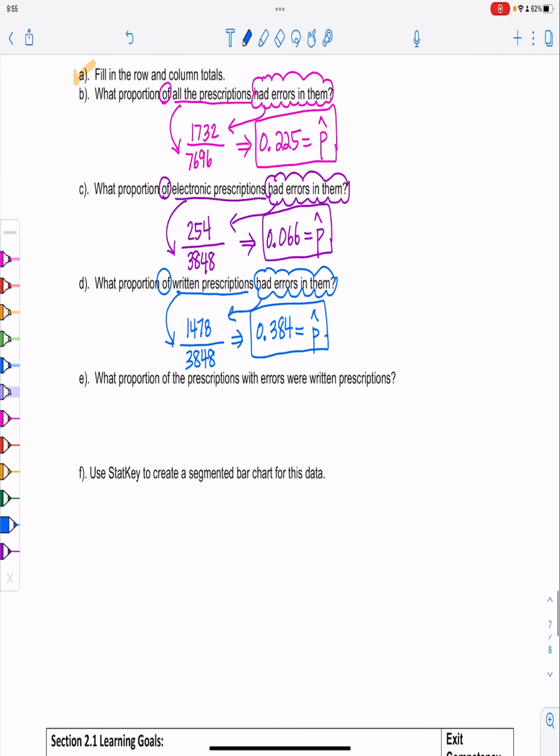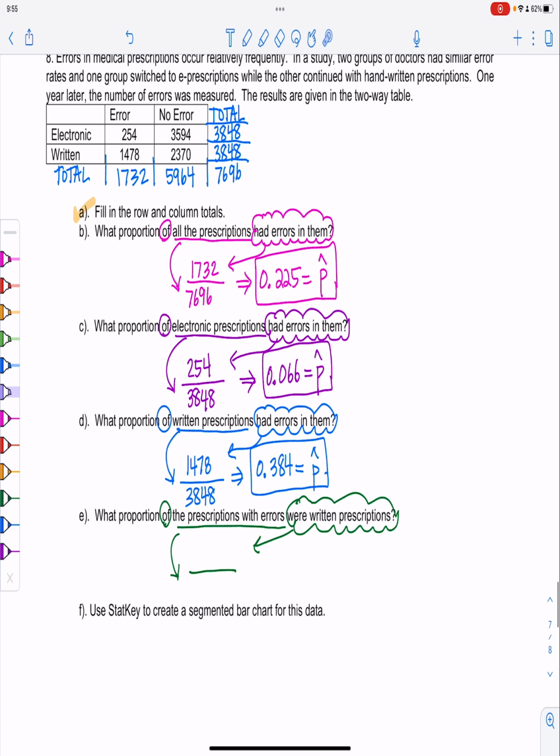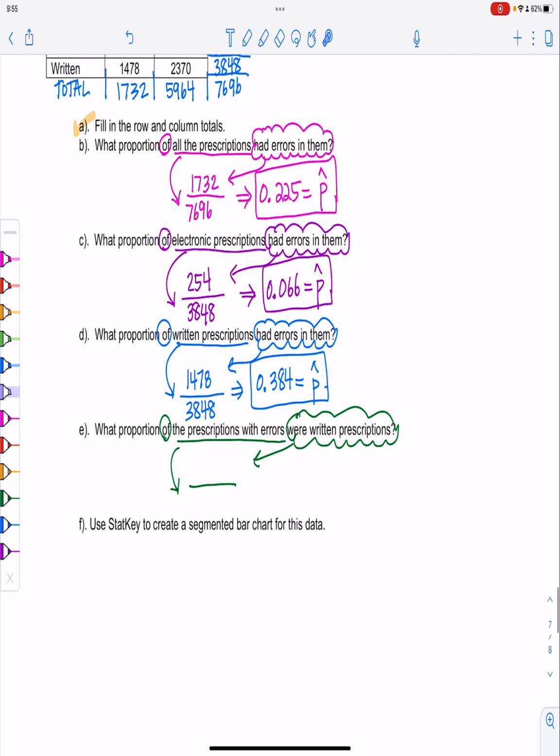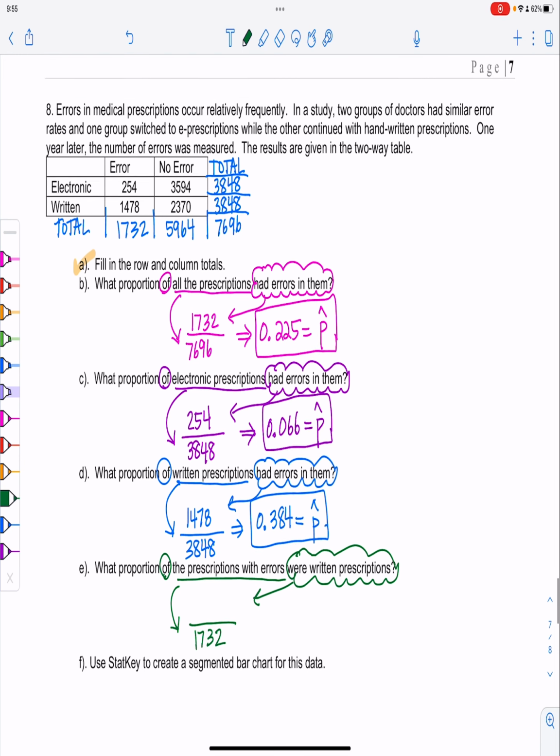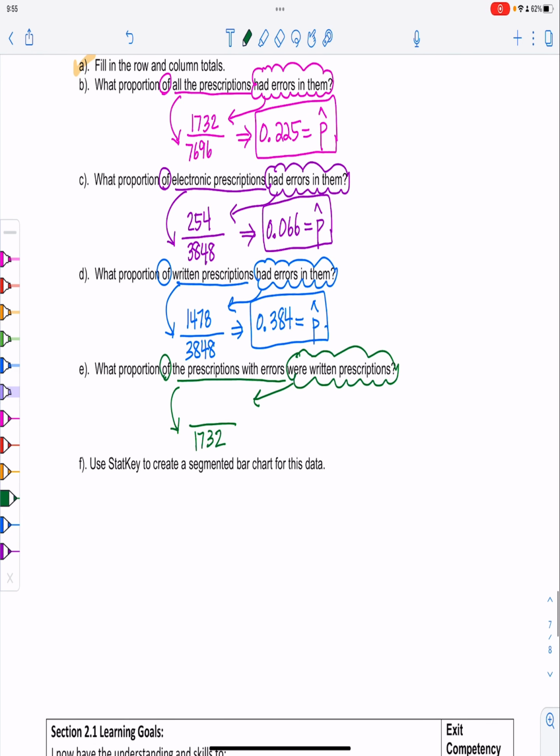Okay, what proportion of the prescriptions with errors were written prescriptions? This is my whole. This will be my numerator. So prescriptions with errors, and now I'm in this column. I had 1,732 prescriptions with errors. And now in that column, how many are written? It's 1,478.